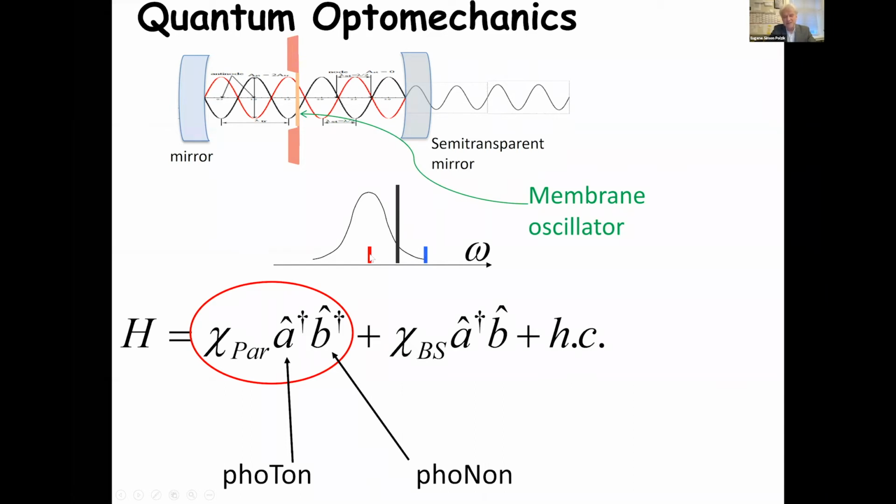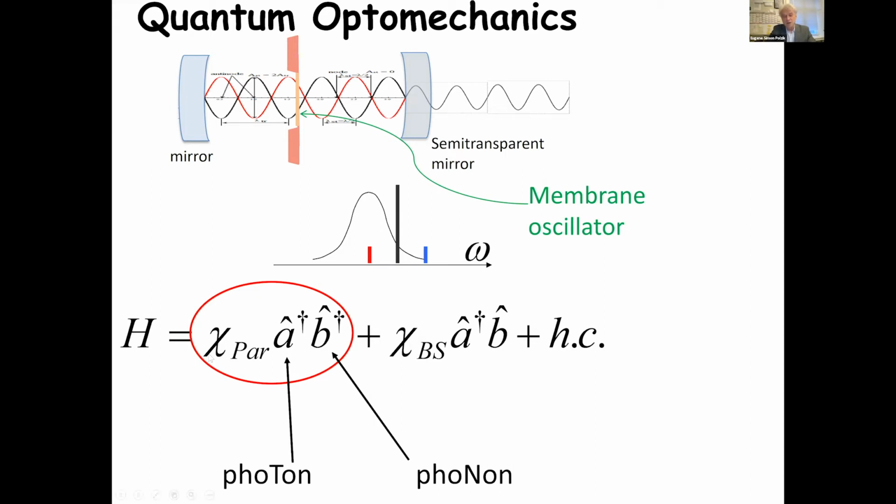Happy meaning that, for instance, if I tune my input laser above the frequency of the resonance of this optical cavity, then obviously the lower sideband will be on resonance with the cavity, it will be enhanced, and therefore scattering of light from the laser into the lower sideband would be preferred.